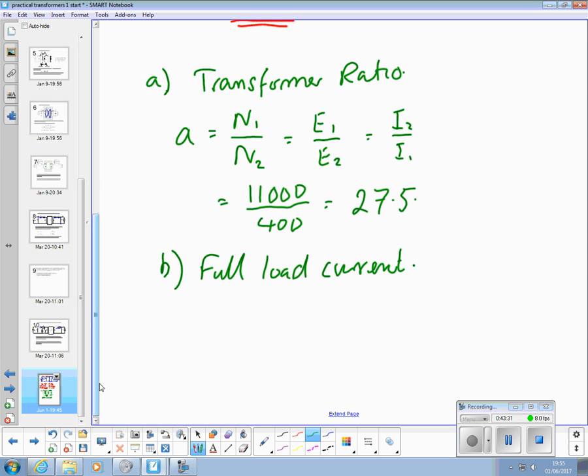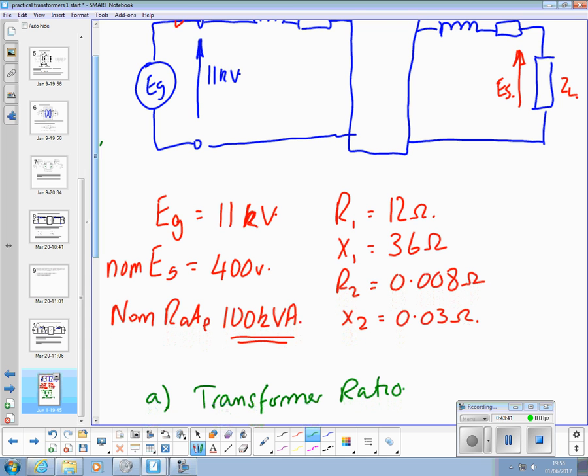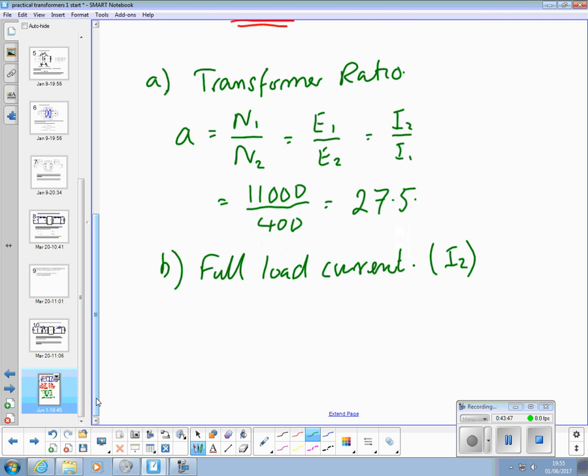So we're asking for I2, full load. There's current flowing in here. If that's full load, and we want to know the resistance, ZR, or ZL, sorry, that draws it.